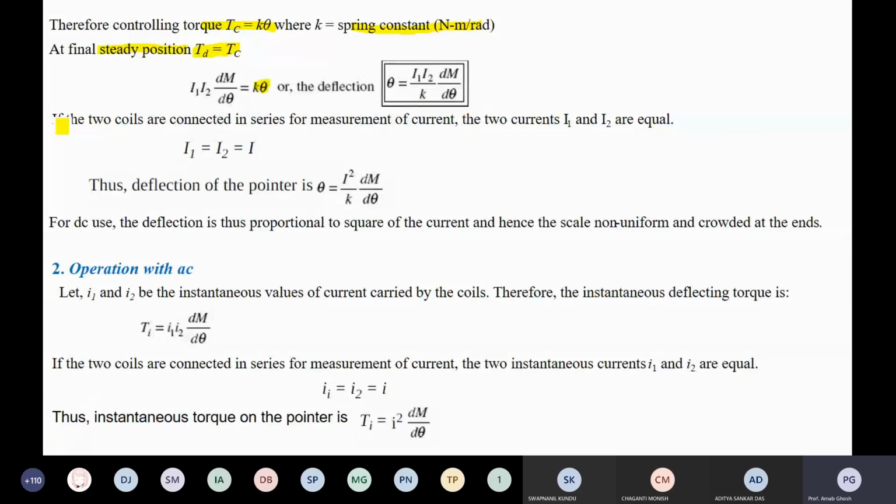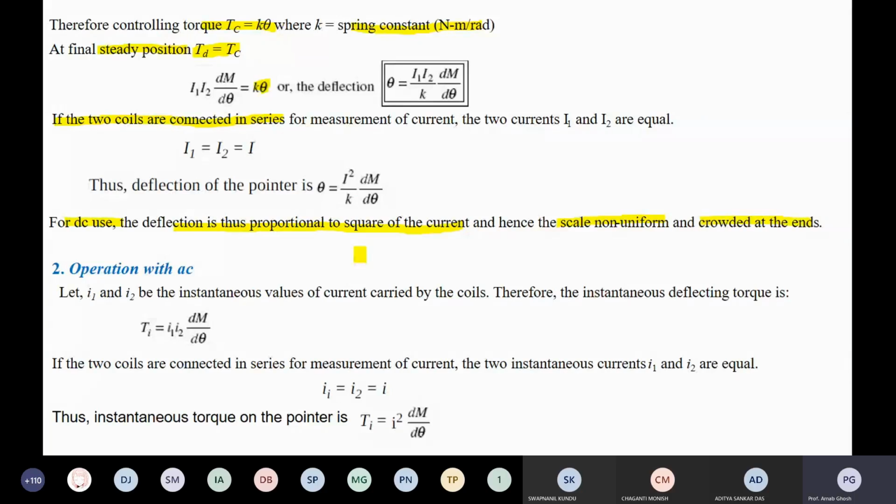If the two coils are connected in series, the measuring currents I1 and I2 are equal. In that case, I1 equals I2 equals I. So θ comes out as I square by K dM/dθ. For DC use, the deflection is proportional to the square of the current. Hence, the scale is non-uniform and crowded at the end.